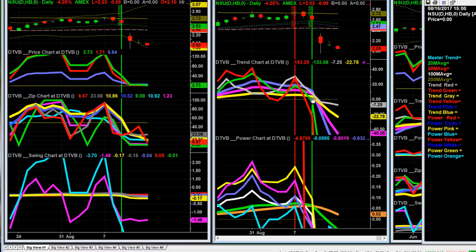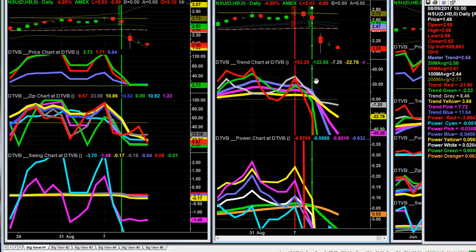So in this particular example, on this green vertical line, trend red has crossed under the green now for the second day, but here again we have big diff divergence. Trend green on the green vertical line day is at -2. Trend red on the green vertical line day is at -21.